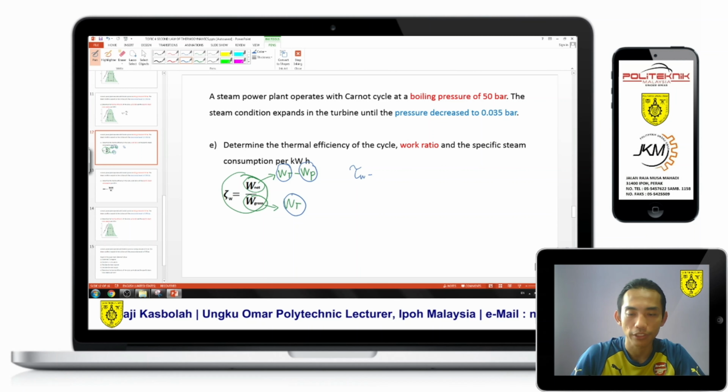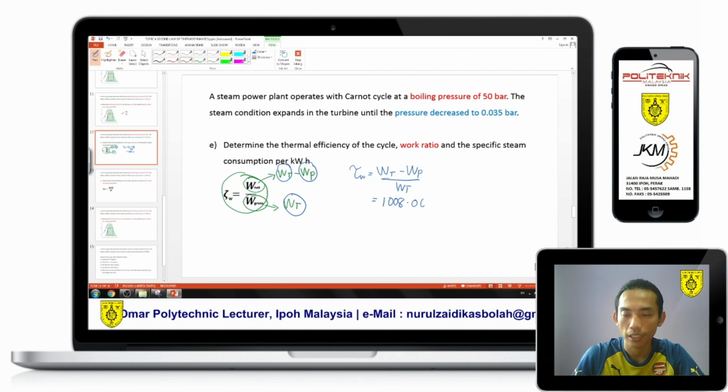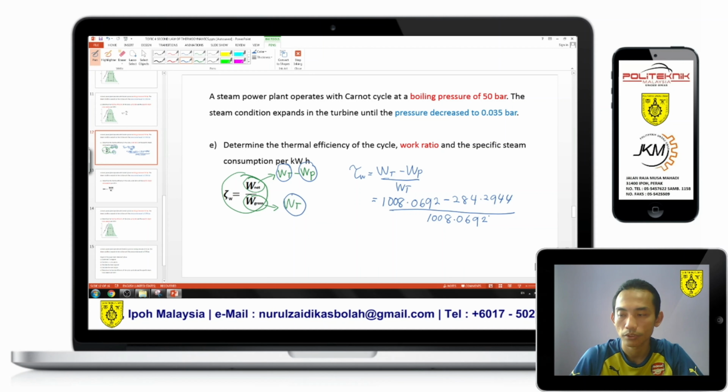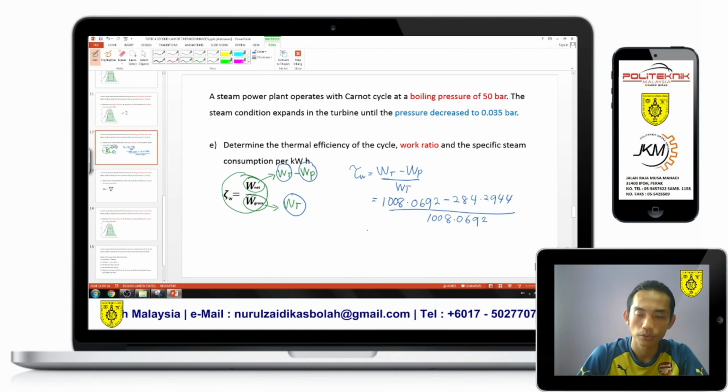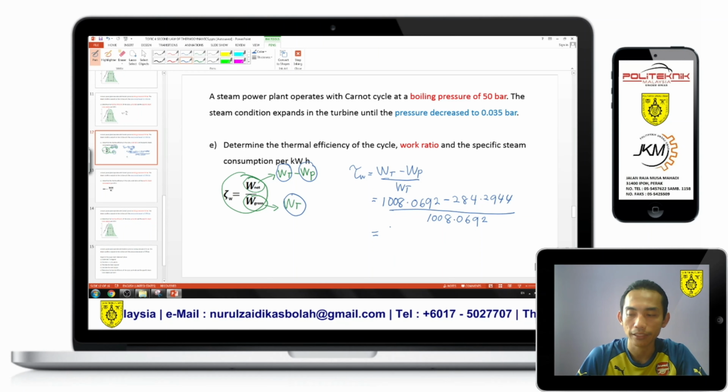Work ratio for this system equals W turbine minus W pump divided by W turbine: 1008.0692 minus 284.2944 over 1008.0692. Okay, so you will get 0.718.